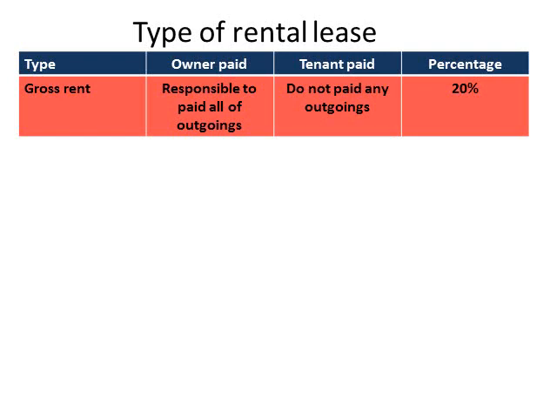So all of the expenses towards the property, including repairs and maintenance, insurance, management, service charge for the strata buildings, and also taxes, will be paid by the owner. This is because the owner receives a gross rent. Normally, the gross rent is much higher compared to the net rental received by the landlord. So the tenant pays nothing. The tenant will not pay any outgoings.